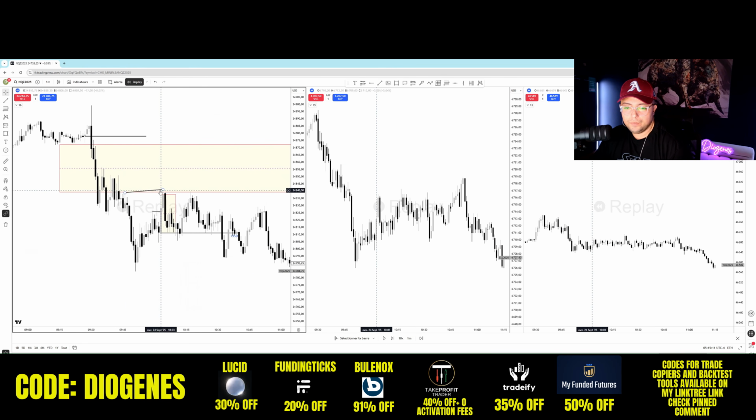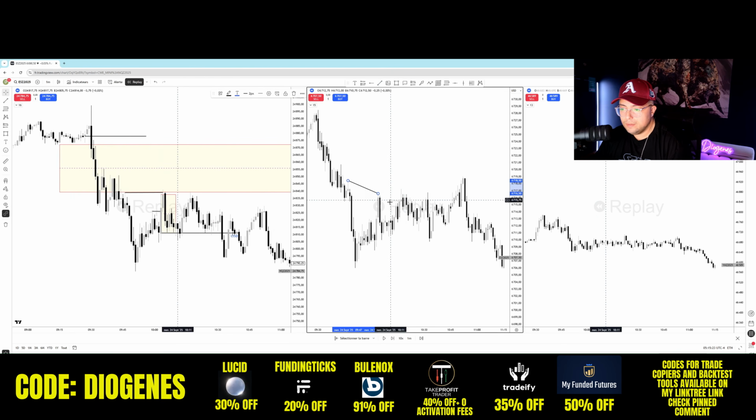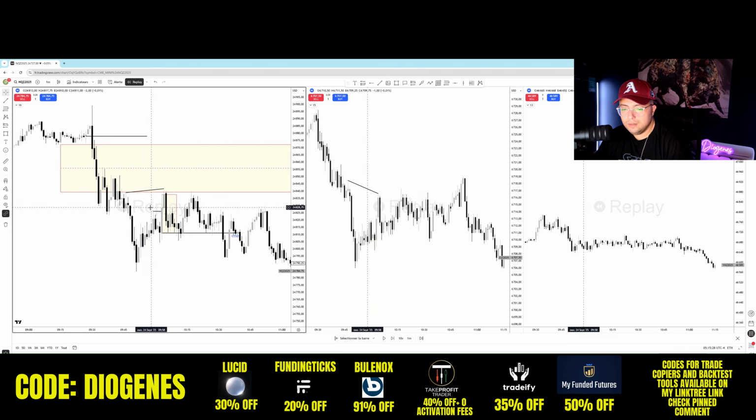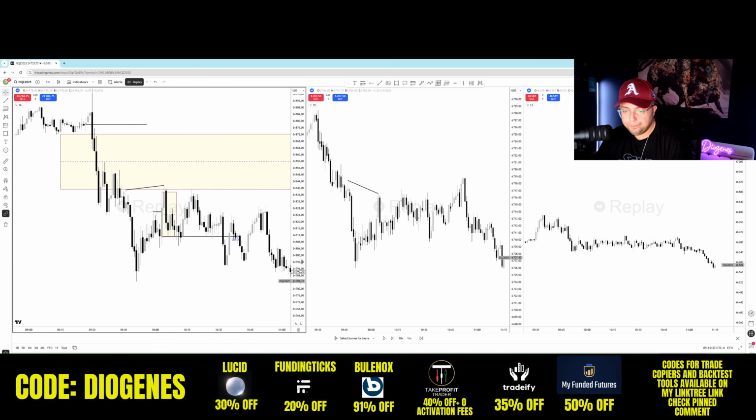So you can see that this is the range that has the fair value gap on M1, right? And as you can see, Nasdaq took that high while ES made this lower low, right? So this is SMT divergence, okay?